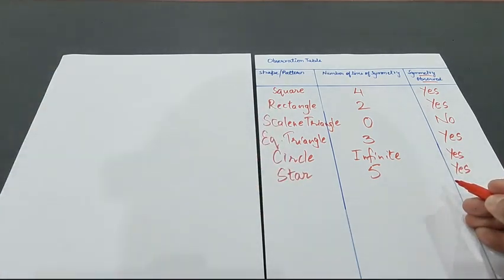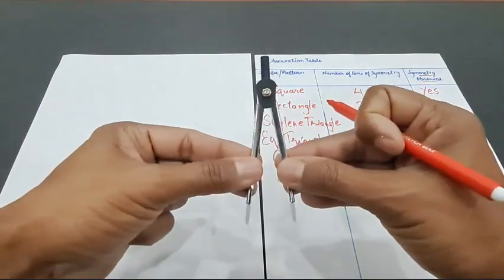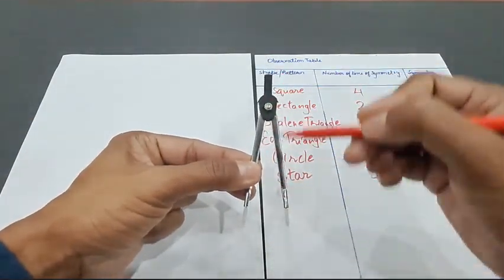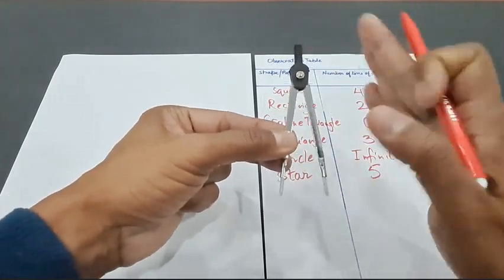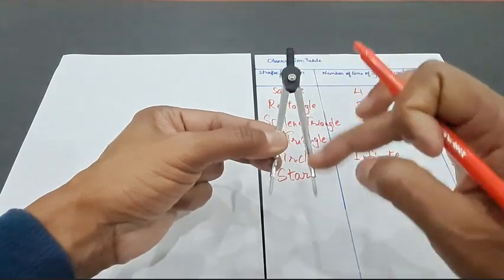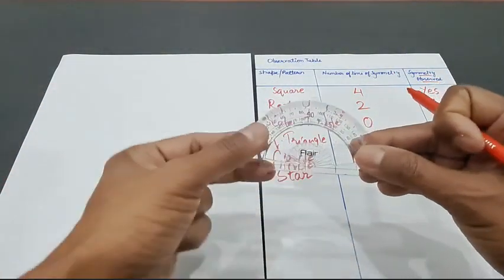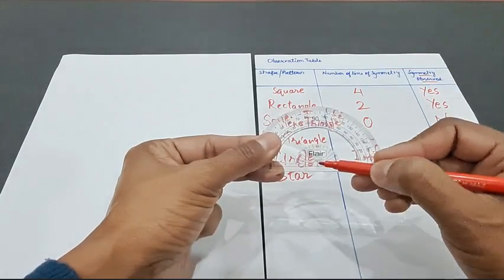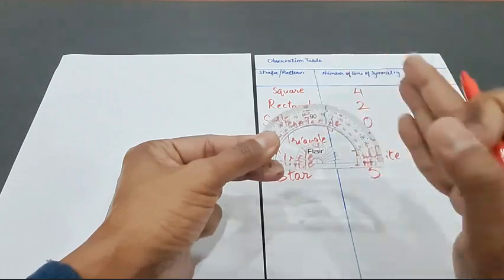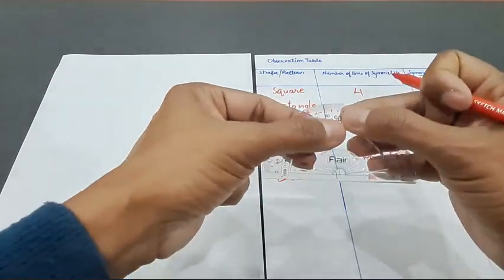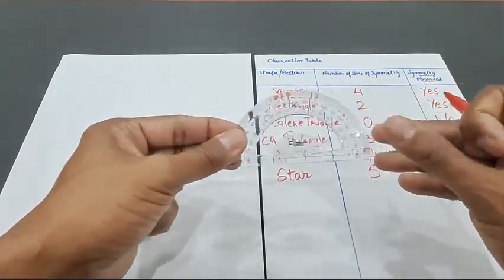There are so many examples where symmetry is not observed and where symmetry is observed. If you see this divider, it has a line of symmetry here because the two parts across the center become the same. Likewise, if you have a protractor, if you draw a vertical line passing through this point, the 0 point, then the protractor will be divided into two equal halves, so it has a line of symmetry.